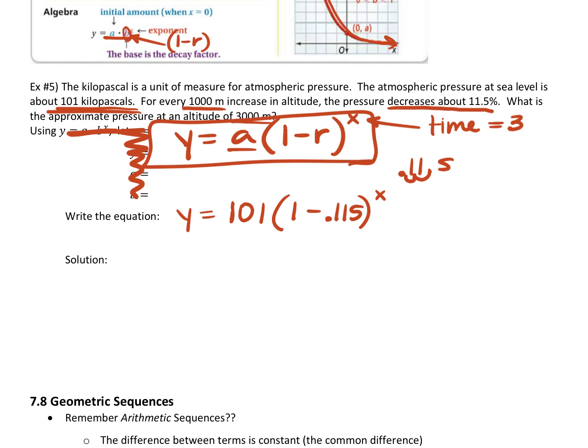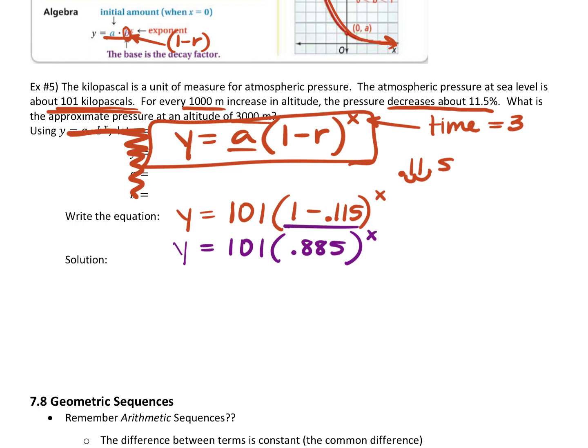If you want to simplify that equation, you could go 1 minus 0.115, and you could write it like this. Y equals 101 times 0.885. That kind of helps you to see that it's decay, right? It's less than 1. So I like to write it like that, but you don't have to. If you leave it like this, it's not wrong.